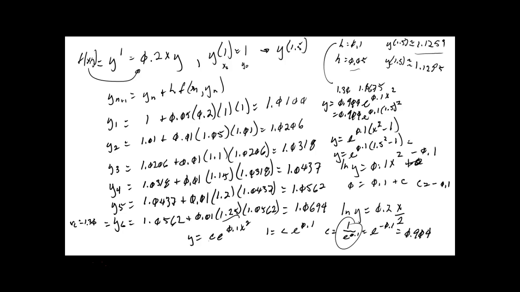So e to the 0.125 is 1.133. Yes, sir. One more digit. Yeah, that's what they got in the book. Same thing we would have gotten if we used a 0.094, except ours was rounded, theirs is not.